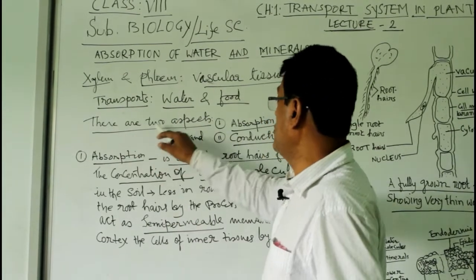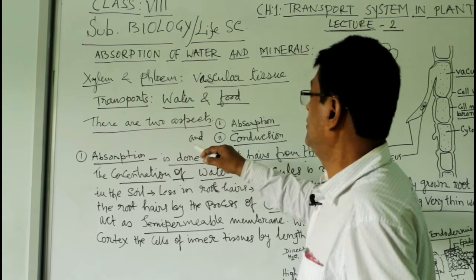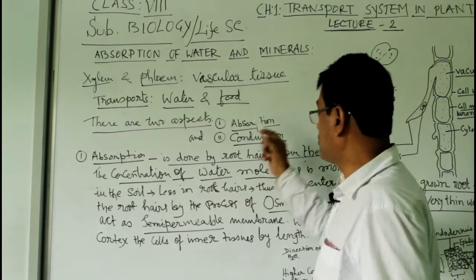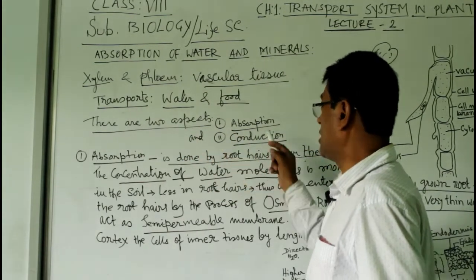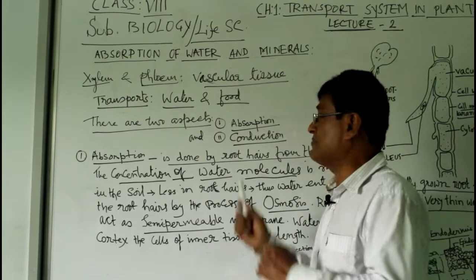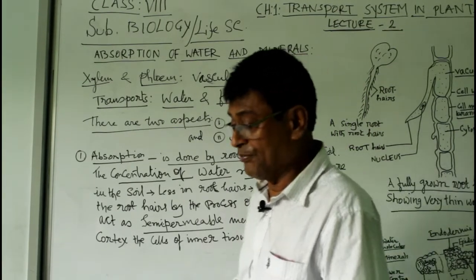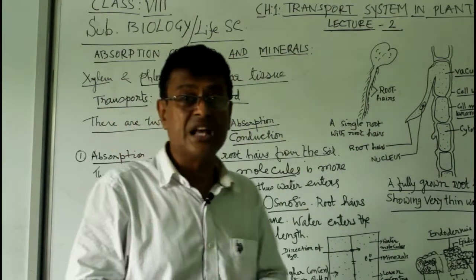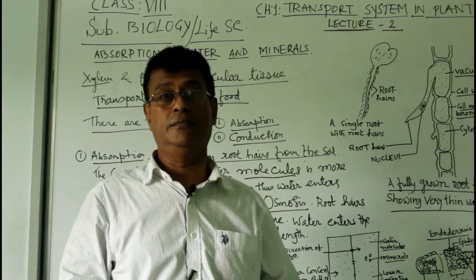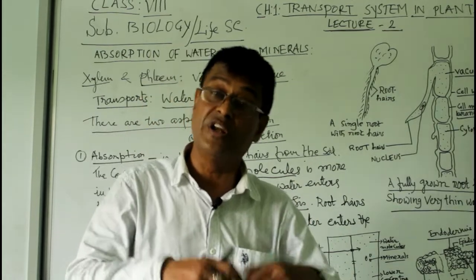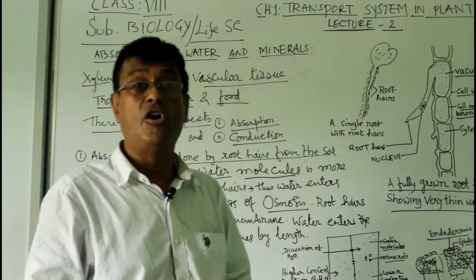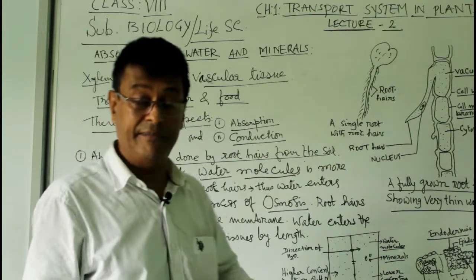Well, there are two aspects. Number one is absorption and number two is conduction. Now why does this happen? Because the soil has a higher concentration of water. The concentration of water in the soil is more than that in the root hair.